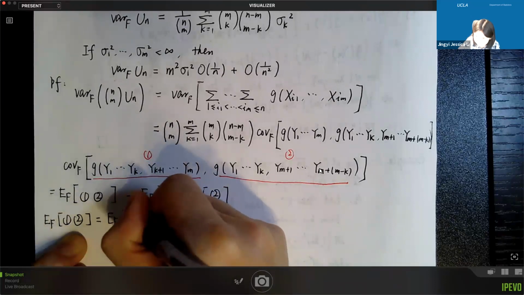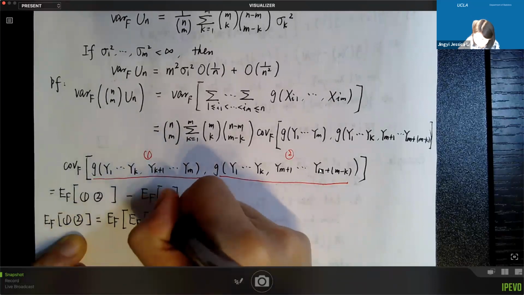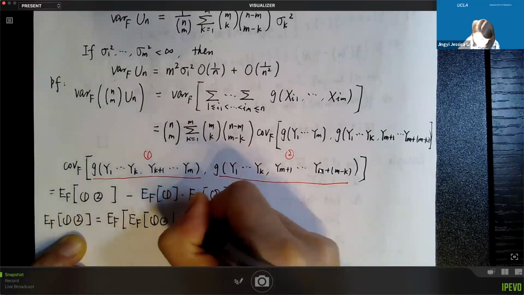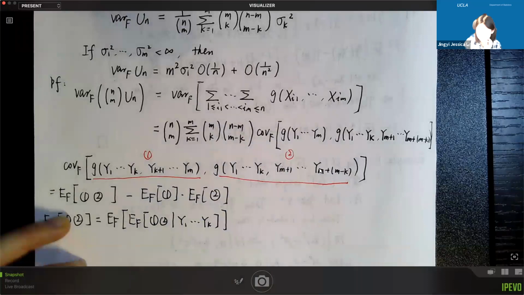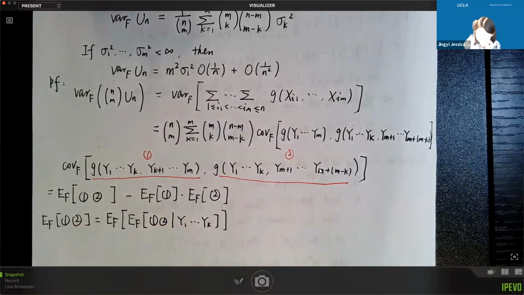In the inner layer, I write the product given y1 to yk, and then in the outer layer I take expectation over y1 to yk.